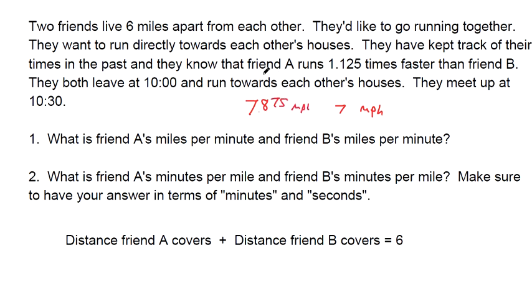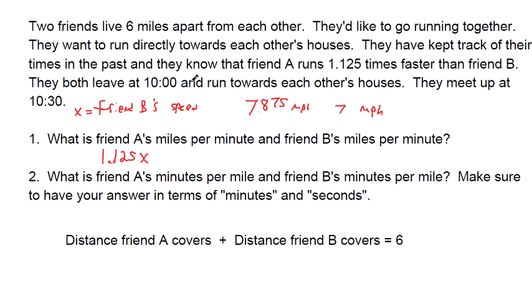So to find out friend A's speed, because we don't know directly what friend A and friend B's speed is, we take 1.125 and multiply it to friend B's speed. So for this problem, you're letting x be friend B's rate, friend B's speed.